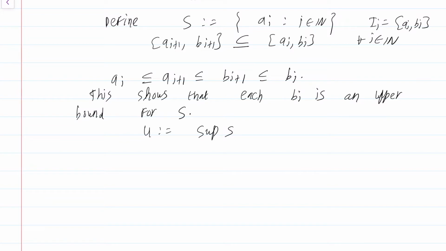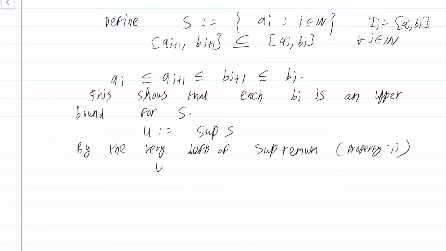Okay. Now, by the very definition of the supremum, in fact, property 2, we must have U is less than or equal to b_i for all i in N. Why is this the case?